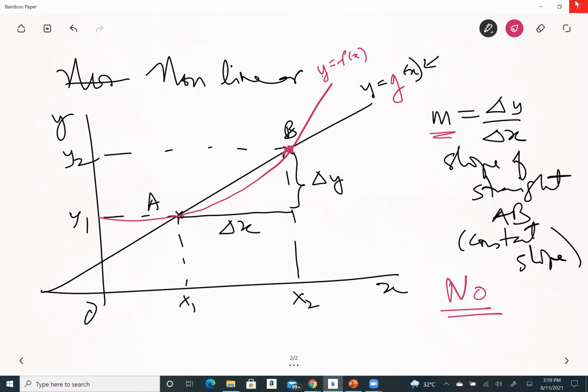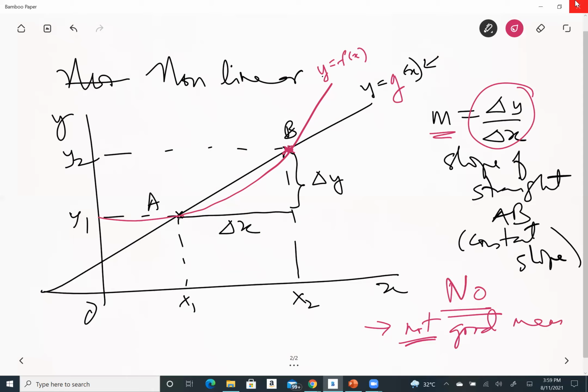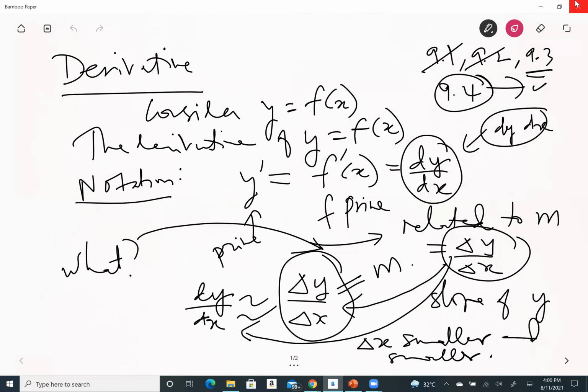So delta y over delta x is not a good measure of the slope of y equal to f of x between A and B. So what do we do? What we do, if you remember what I said earlier, is make delta x smaller.